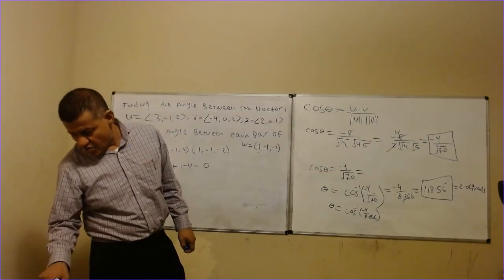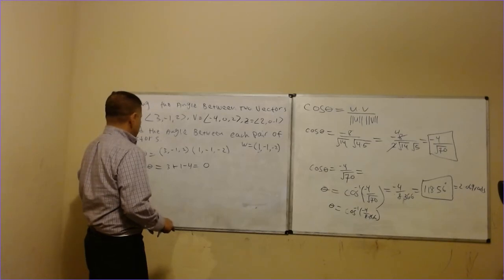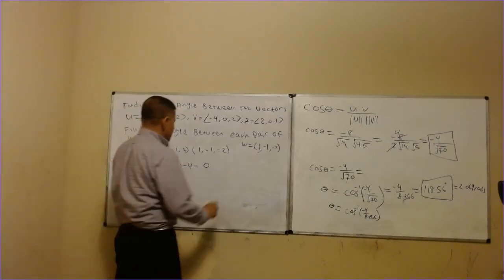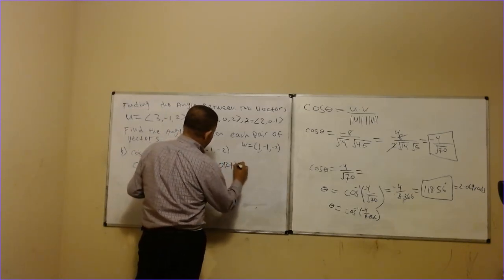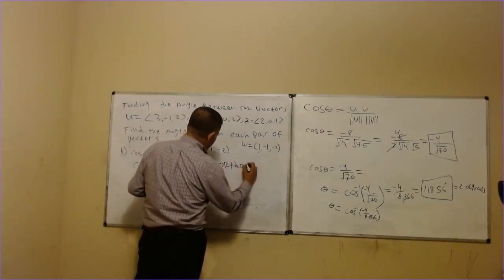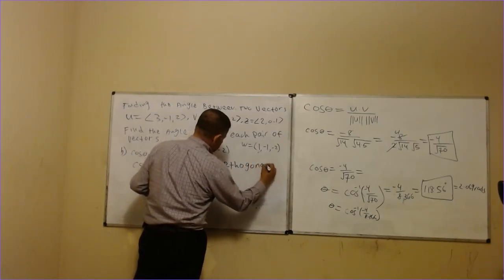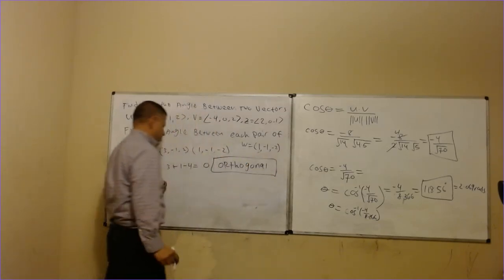Why? Because you got 0. We dotted W dot V, and it's going to be 0. So in this case, it's orthogonal. So that's the answer for that. That was pretty easy.